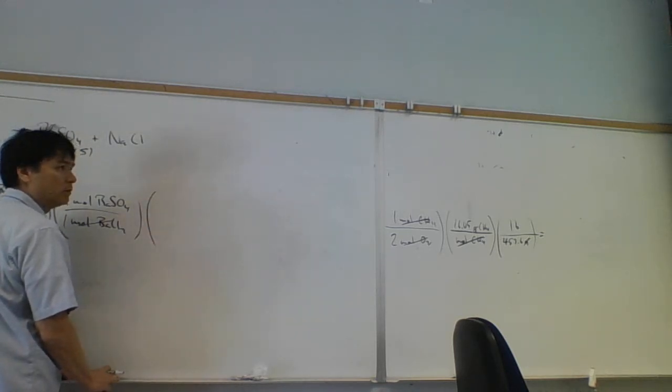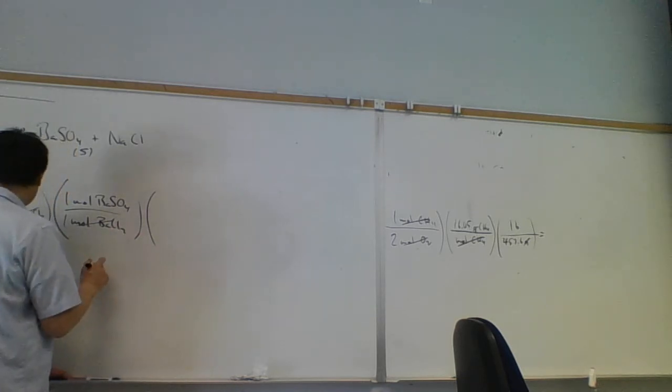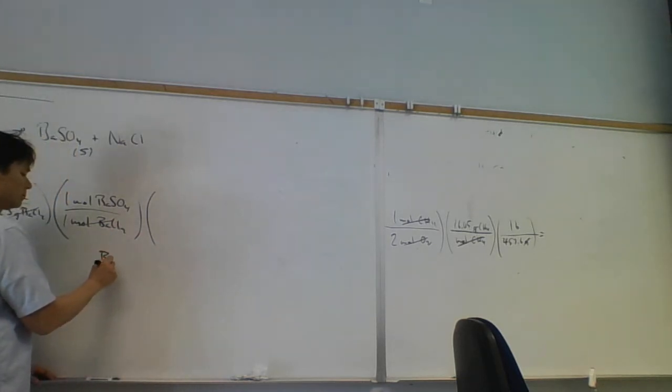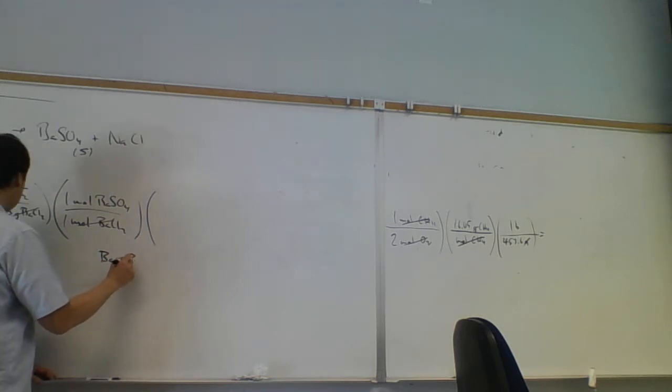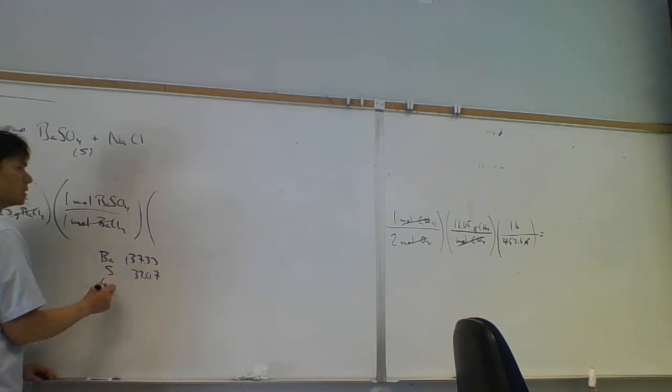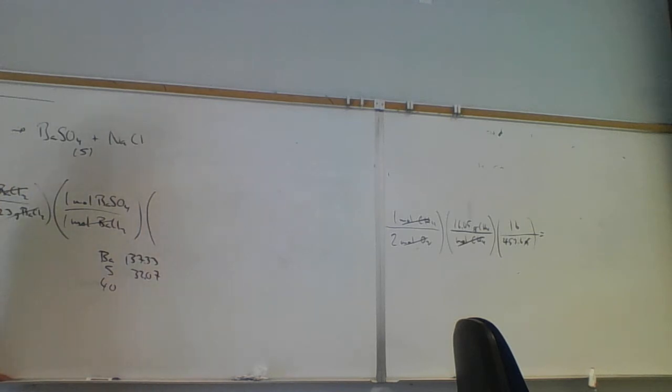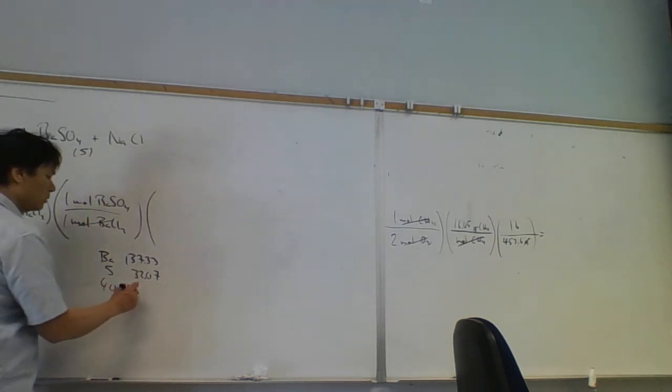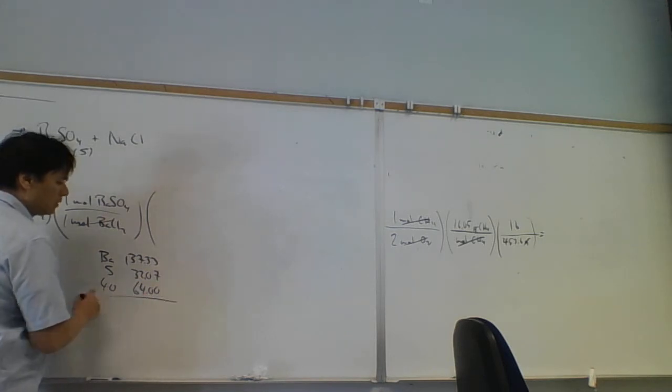But I don't want moles, I want grams. And so I need to figure out the molar mass of barium sulfate. So barium is 137.33. Sulfur is 32.07. 4 oxygens. Each oxygen is 16. 2 oxygens is 32. 4 oxygens will be 64.00.